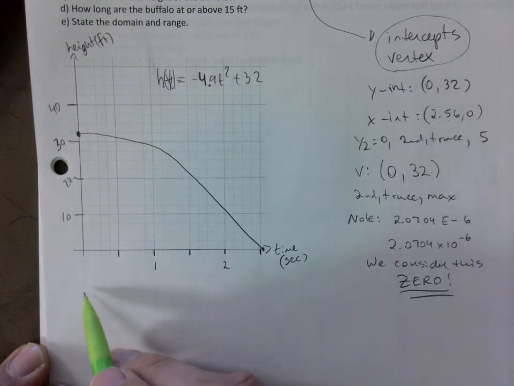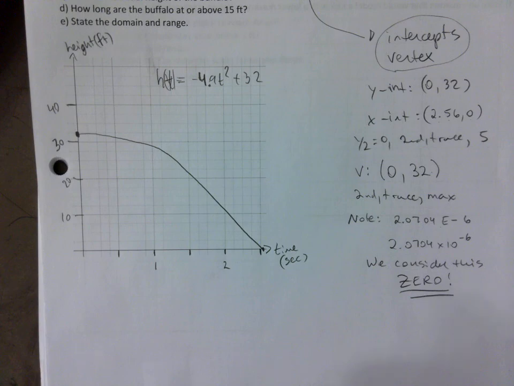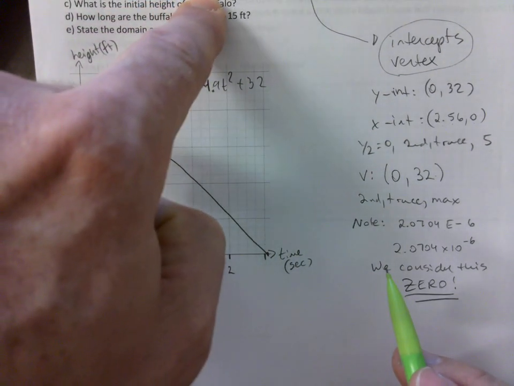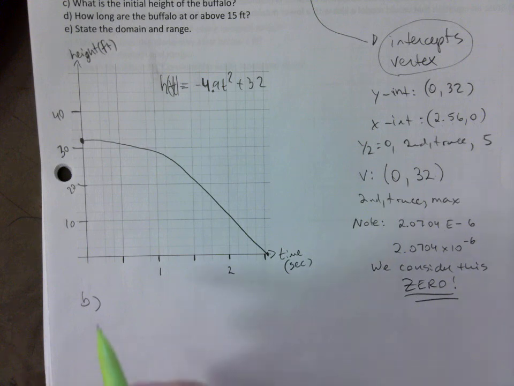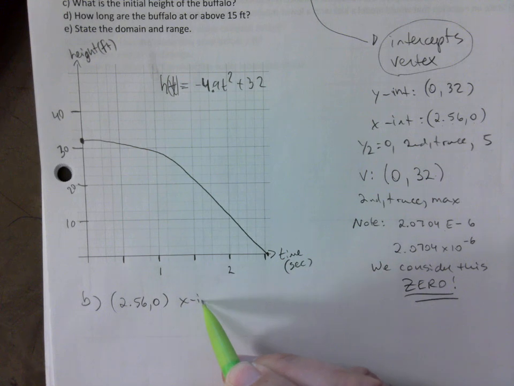And now I'm asking you a whole bunch of questions. So first I asked you to graph, and now I'm asking you a bunch of questions. It doesn't matter, I could do either one. Okay? So B is asking, how long are the buffalo above ground? We would state this point. That's the x-intercept.